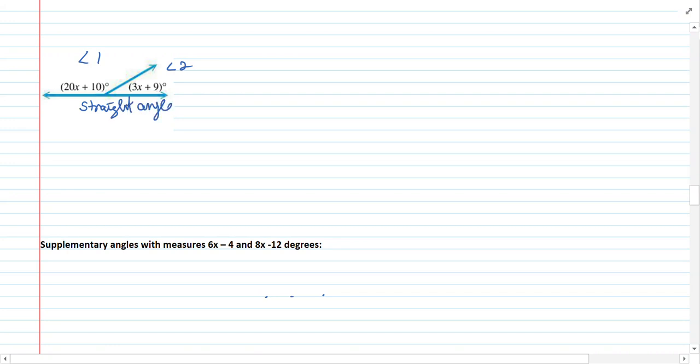So we know these are supplementary angles. So we can use our formula here.